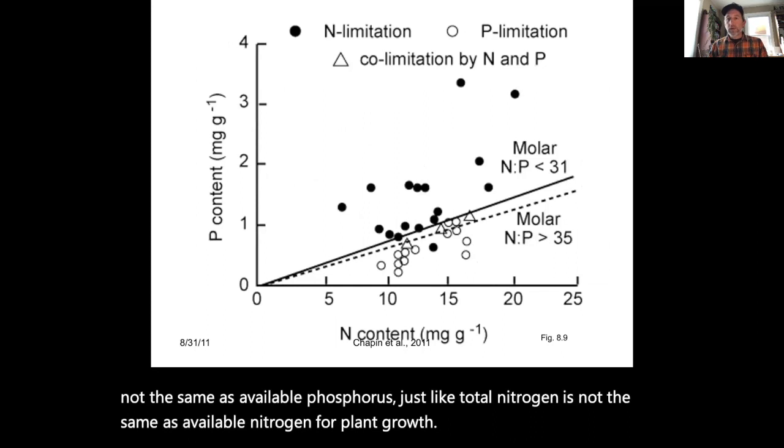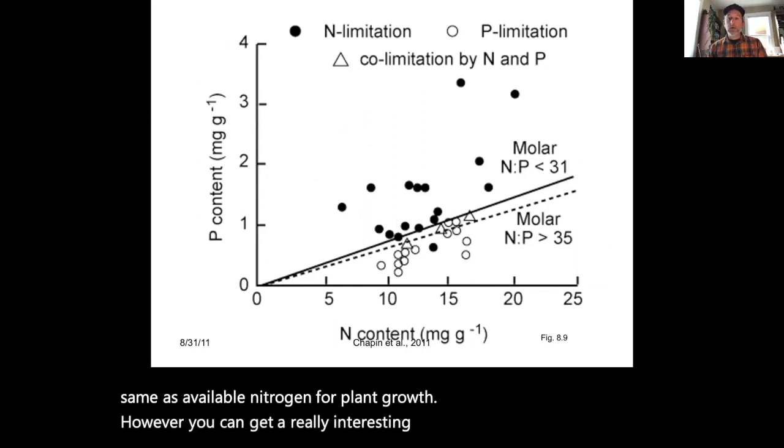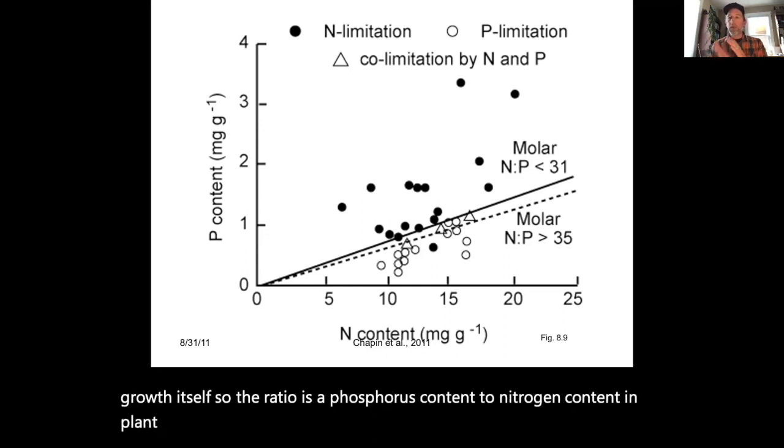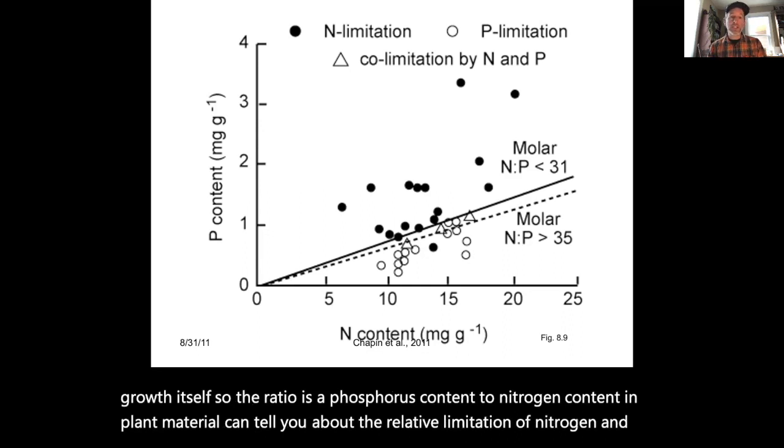However, you can get a really interesting signal when you look at plant growth itself. So the ratios of phosphorus content to nitrogen content in plant material can tell you about the relative limitation of nitrogen and phosphorus in forest vegetation.